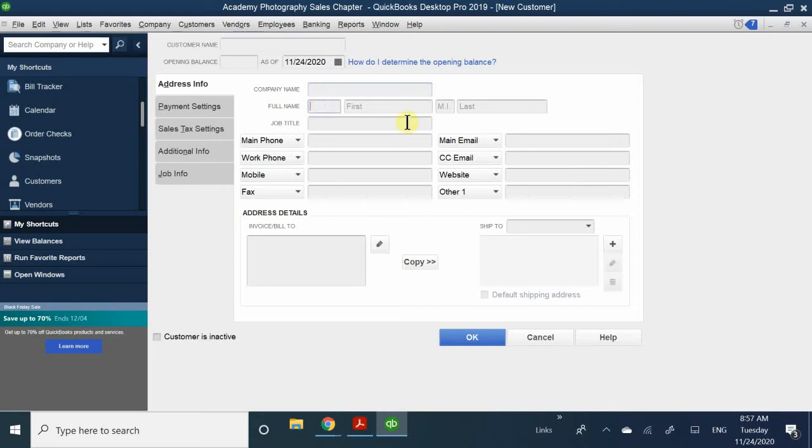Full name. This is Doctor. Okay, so we have a customer who's a doctor. First name should be Tim. And I don't know if he has a middle name. Yes. He does.